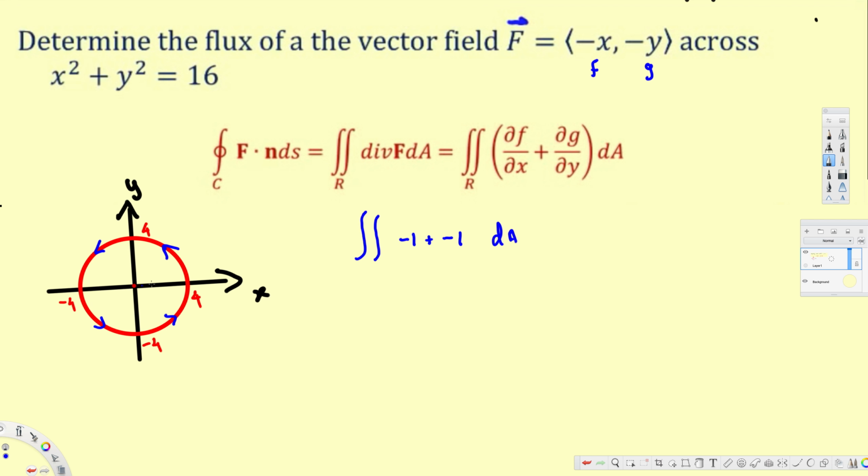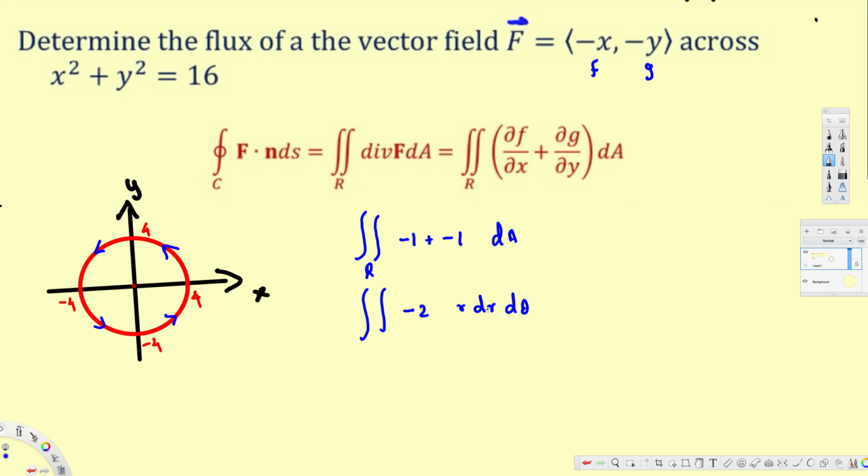Now since we are dealing with a circle, you can always convert this into polar coordinates. That's what we are going to do because in that way it's easier. If I convert this into polar coordinates, this is negative 1 plus negative 1, that's going to be negative 2, and then this is going to turn into r dr d theta.